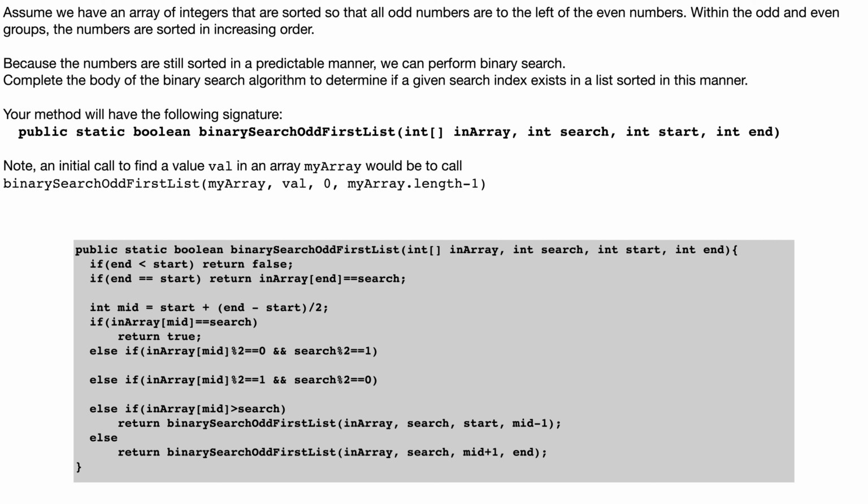Well, and similarly if one is even there, right? So let's go back to this guy. If the midpoint is even and the search value is odd, that means the search value has to be to the left, which means we need this one, right? And if it's the other way around, then we know we have to search to the right.